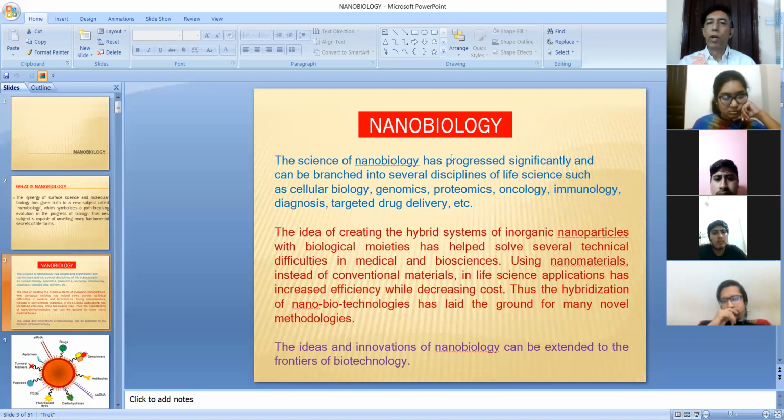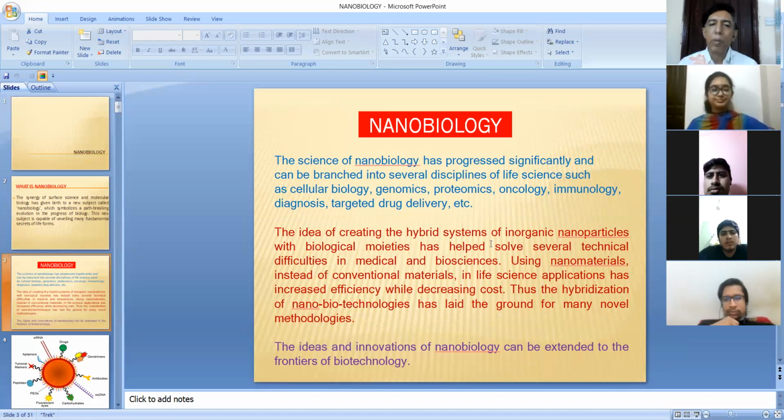The science of nanobiology has progressed significantly and can be branched into several disciplines of life science, such as cellular biology, genomics, proteomics, oncology, immunology, diagnosis, targeted drug delivery, etc. This nanobiology works on different fields of biology.